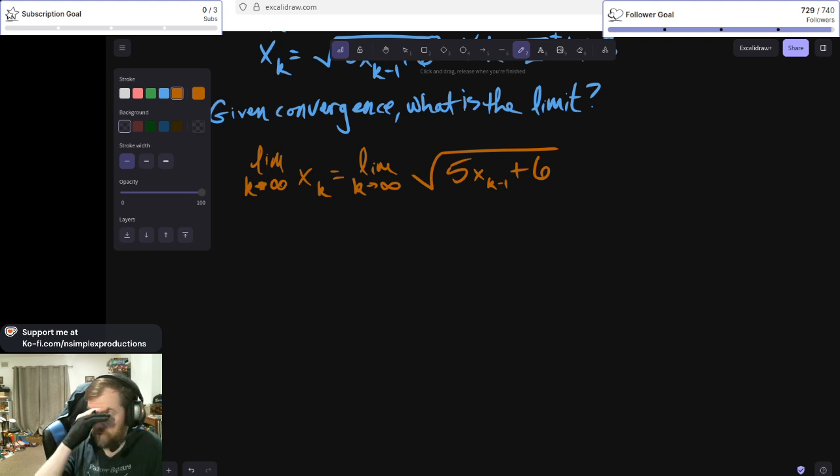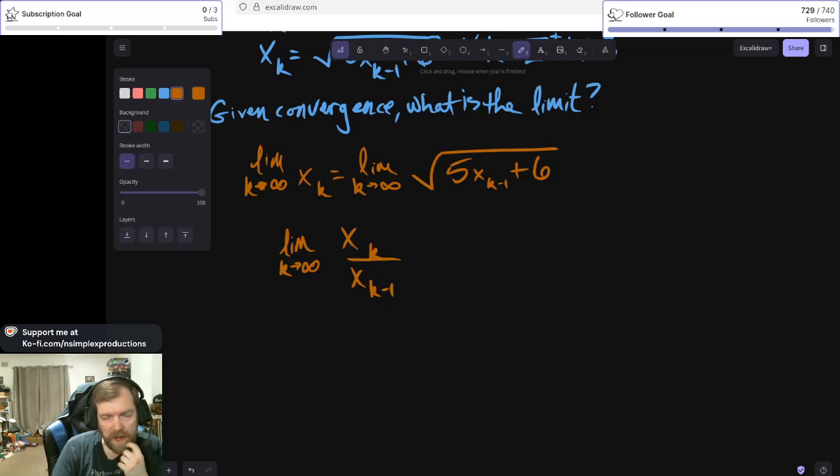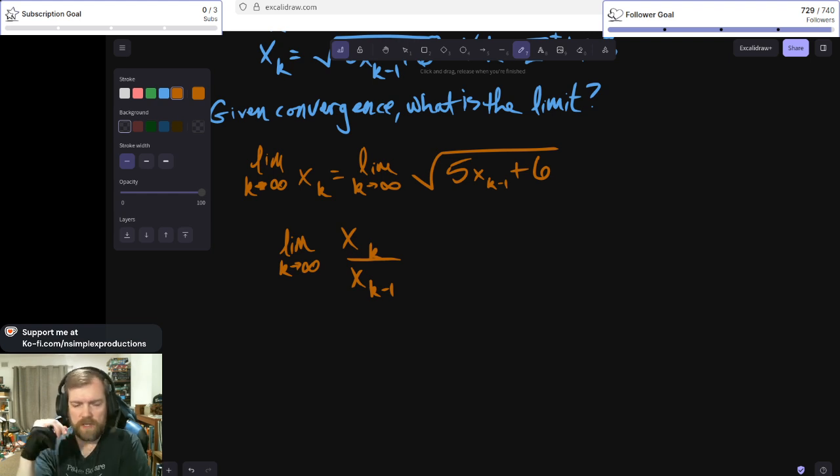One of the things we could do is find out what the limit is of the ratio. Right, so if we take the ratio of the current value compared to the previous value, then that's going to tell us a trend.